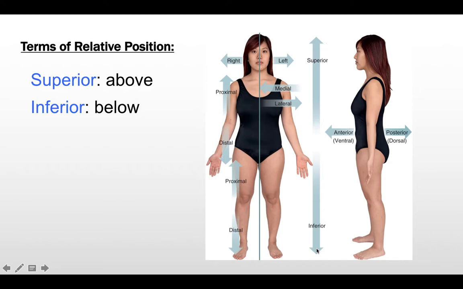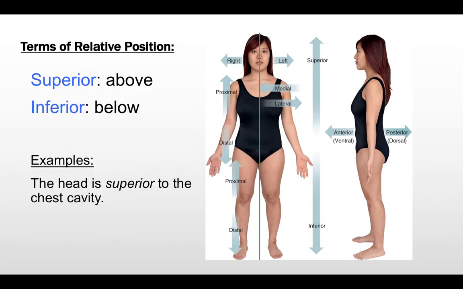All of these examples I'm covering are only for two-legged organisms. These answers would be different for anything with four legs. So examples, the head is superior to the chest cavity, meaning it is above the chest cavity. The foot is inferior to the ankle, so it is below the ankle.